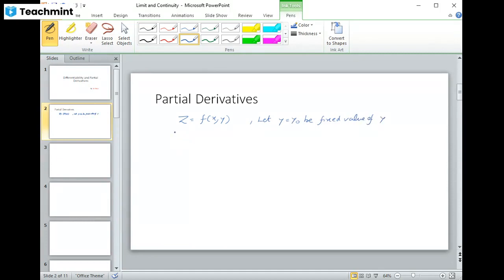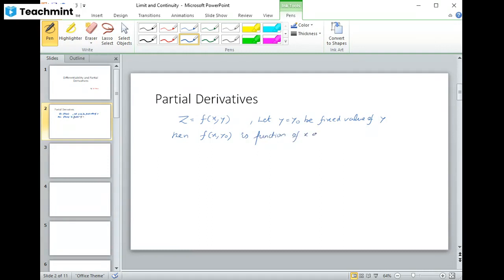Then f of x, y naught, because I fixed the value of y, so it means that now y naught is treated as a constant. So f of x, y naught is considered as a function of x alone.